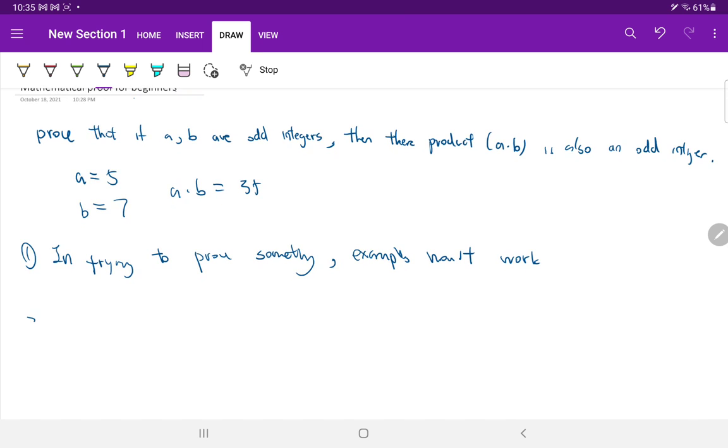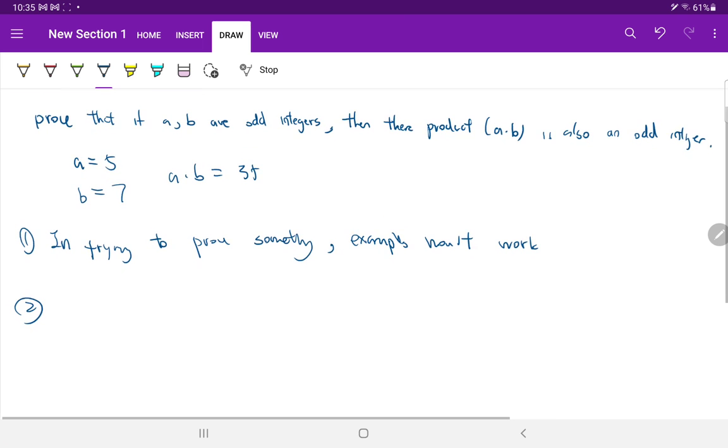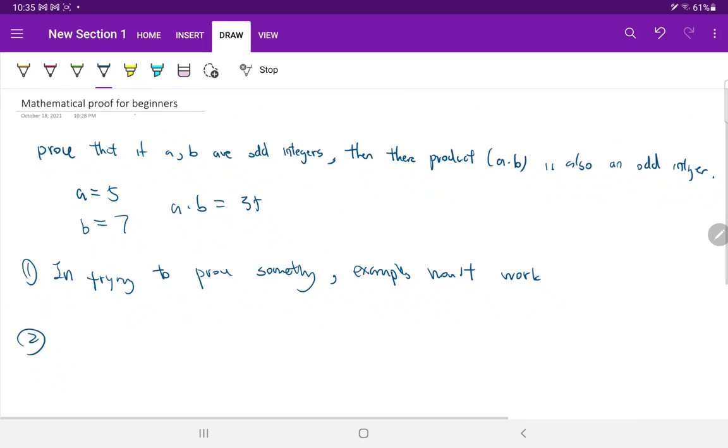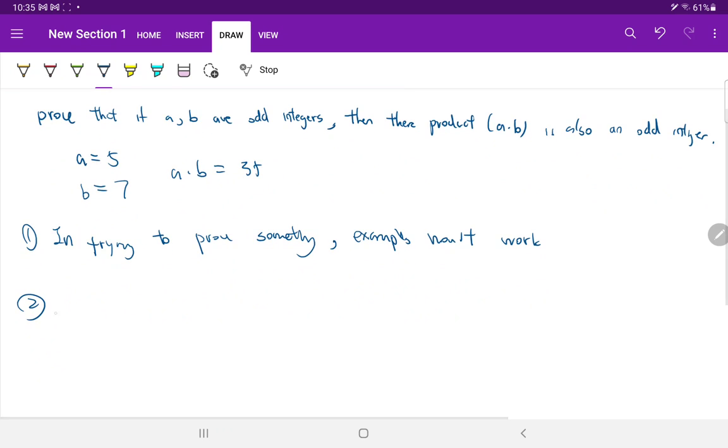The second point is kind of similar to the first, but it's about disproving something. When you're disproving a statement, you can simply give an example. Let's say the statement: if X is an animal, then X is a dog.